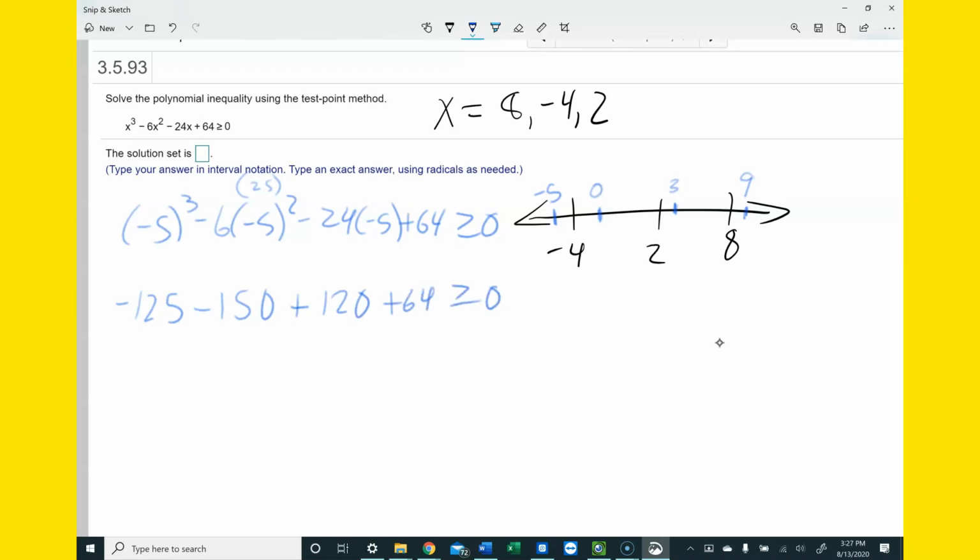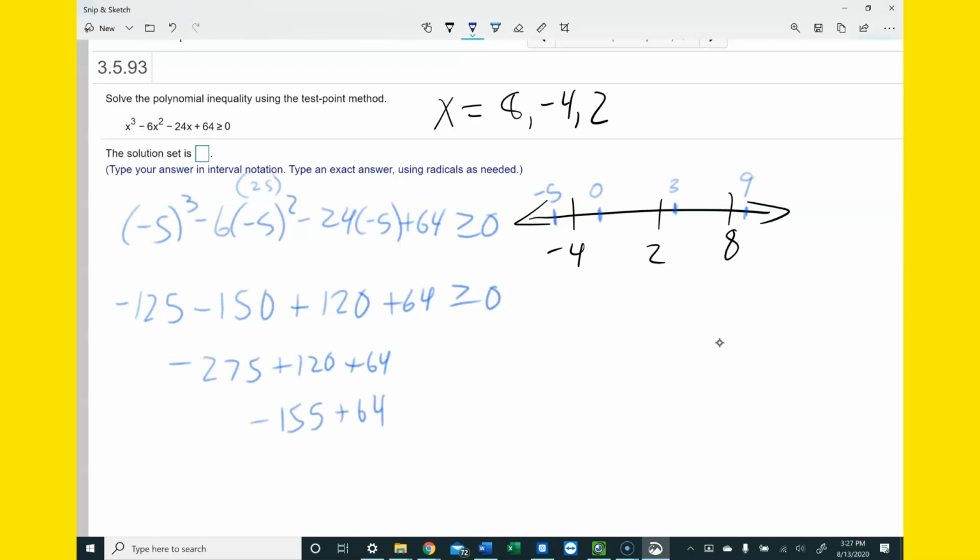Let's see. That's -275 plus 120 plus 64. -275 plus 100 is -175. -175 plus 20 is -155, plus 64.